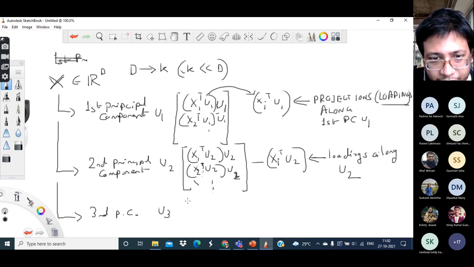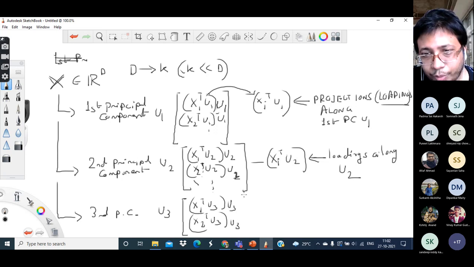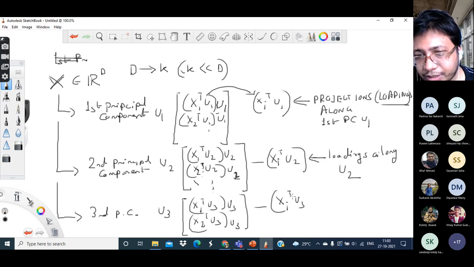In case of u3, the projections are again x1 transpose u3 times u3, x2 transpose u3 times u3, etc., where xi transpose u3 is the loading along u3.